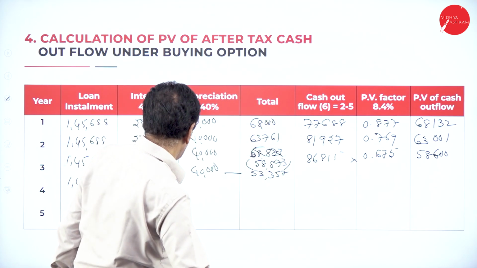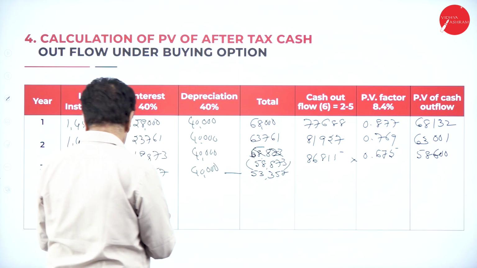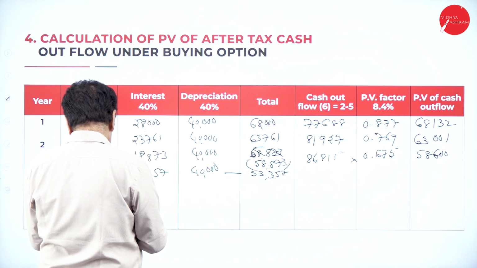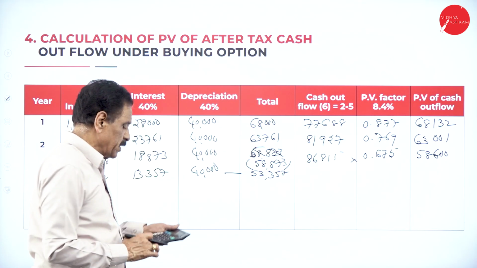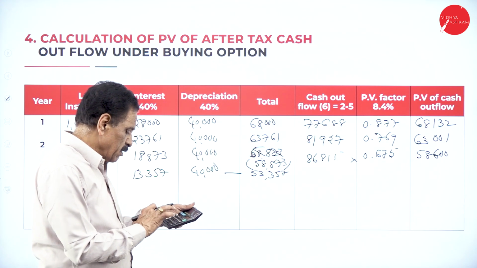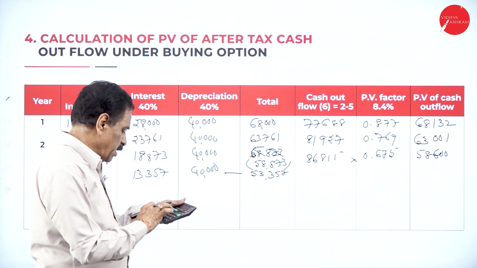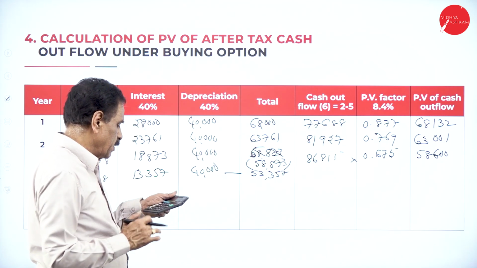Deduct from 1,45,688, the installment you have to pay. How much tax saved? 53,357.